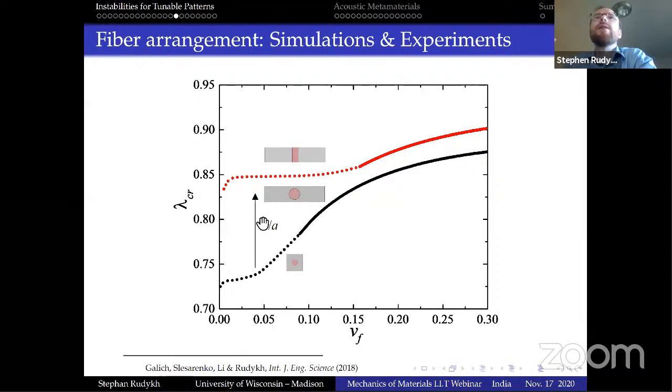But then the upper bound will be predicted very accurately by a completely different system, a laminate. It does make sense, because if you think about putting all the fibers very close to each other, then effectively they are forming a stiffer layer, while other fibers are very far from them.